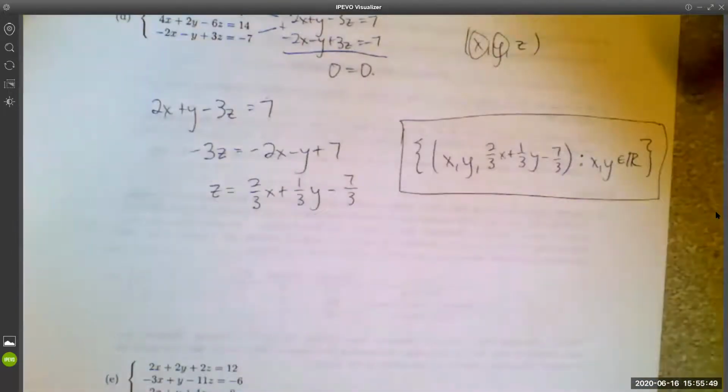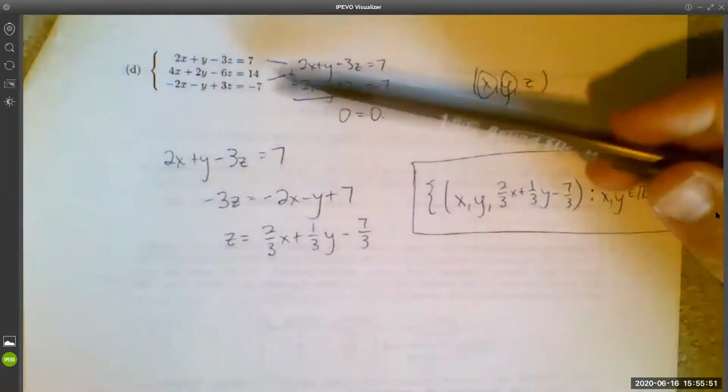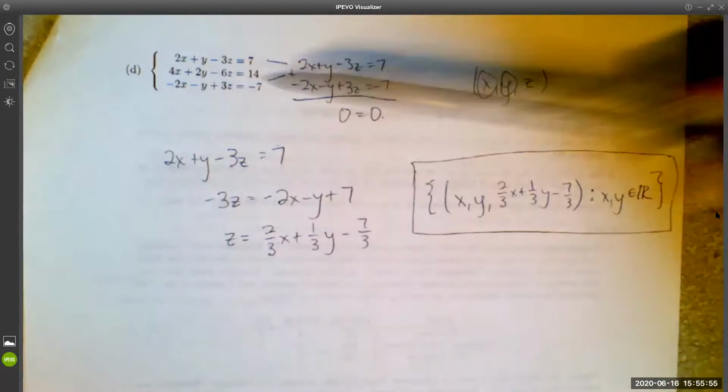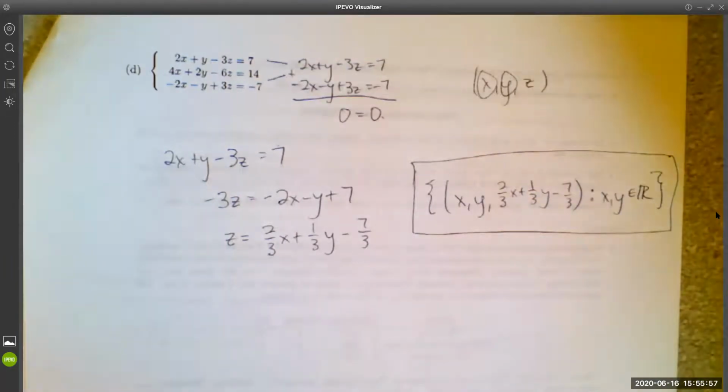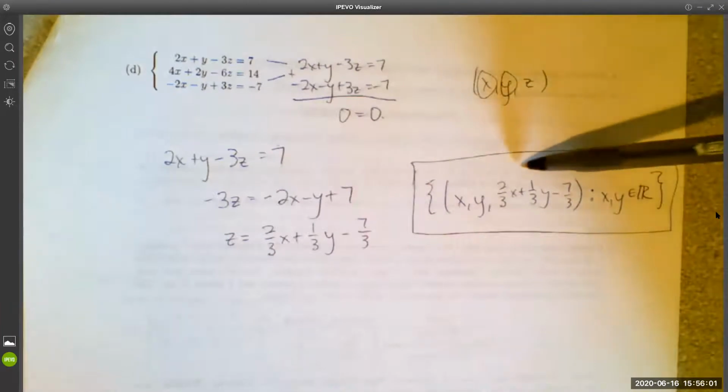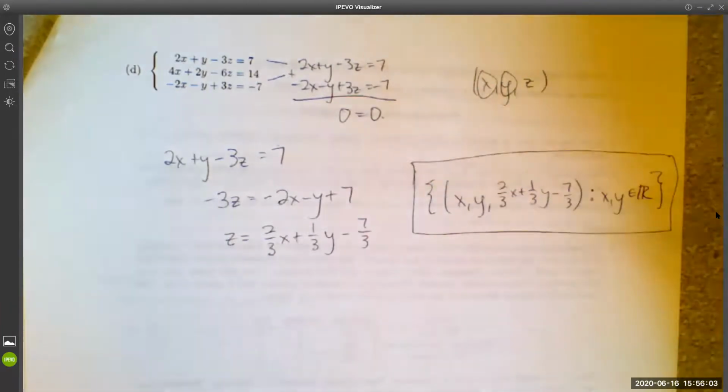In this one, the three planes are all exactly the same plane. They all describe the same plane, and you can see that because they're all multiples of each other. So this is the ordered triple that describes that entire plane.